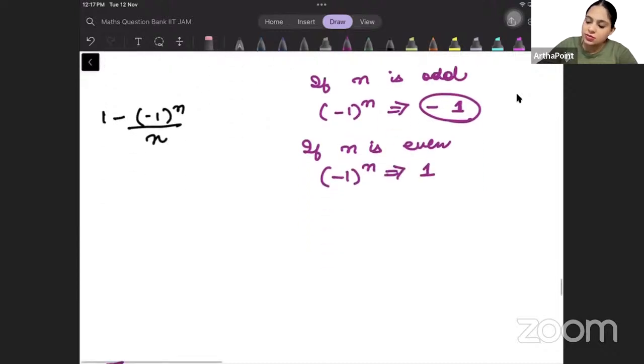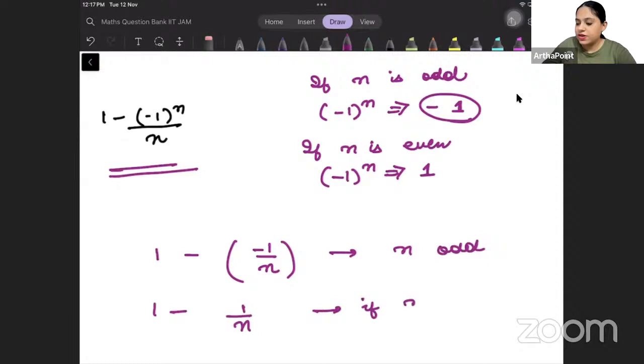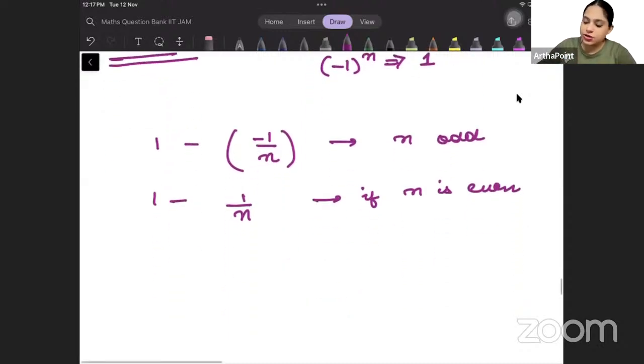So this thing that I have here, I can write as 1 plus 1 by n if n is odd, and 1 minus 1 by n if n is even. So two different things have come: what function it takes when n is even and what function it takes when n is odd.